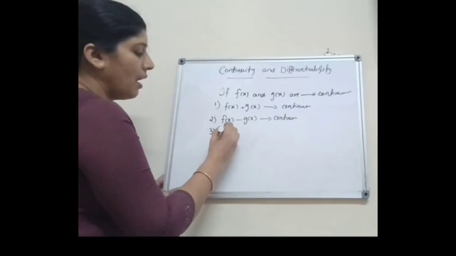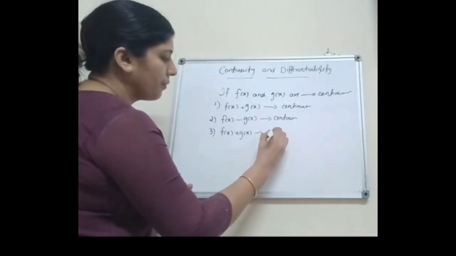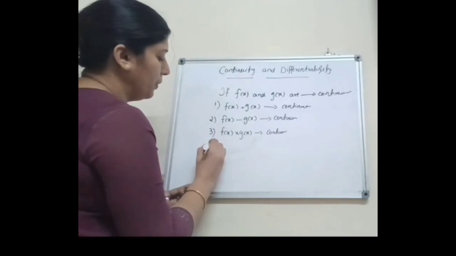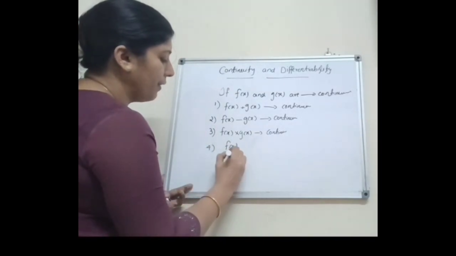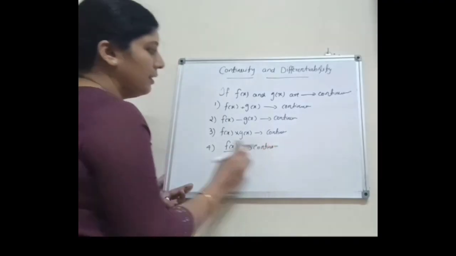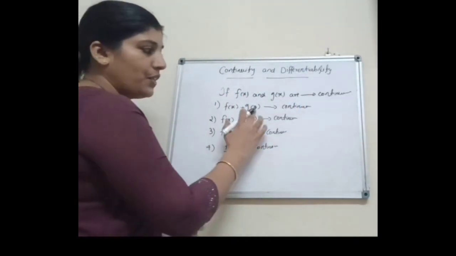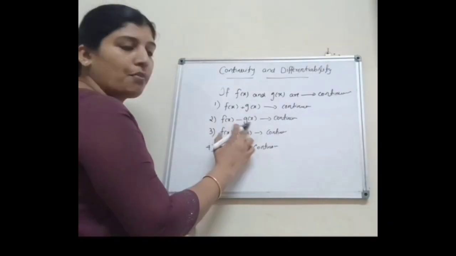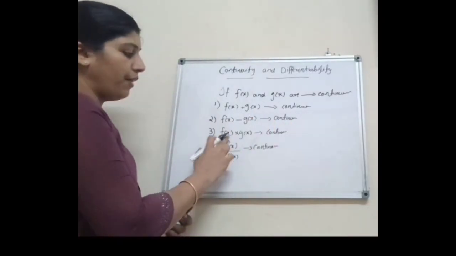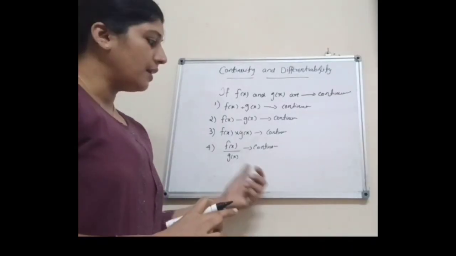Third property, f of x into g of x is always continuous. And the fourth property, f of x by g of x is also continuous. That is, if f of x and g of x are continuous functions, then f of x plus g of x, f of x minus g of x, f of x into g of x, and f of x divided by g of x are continuous.